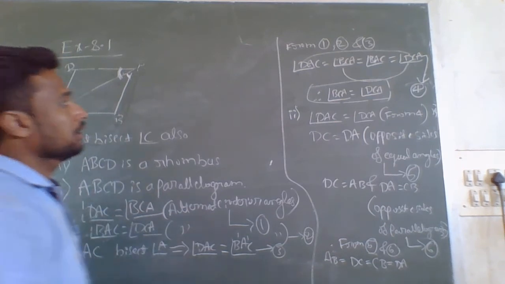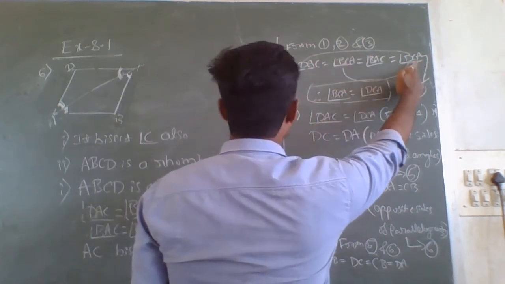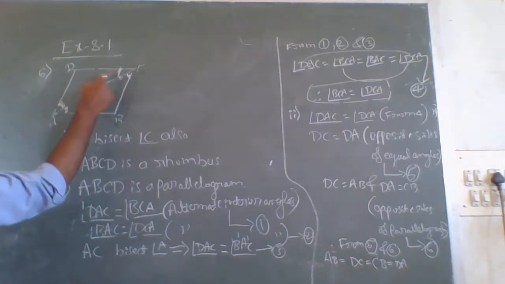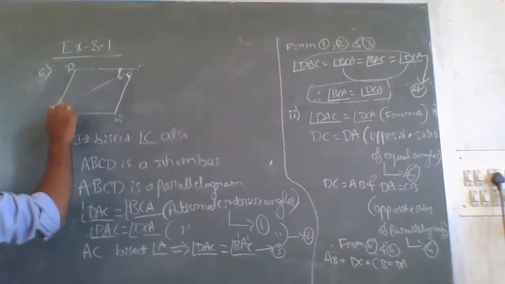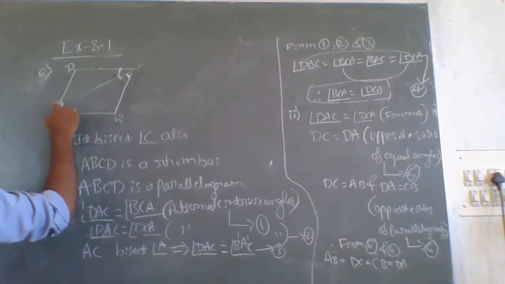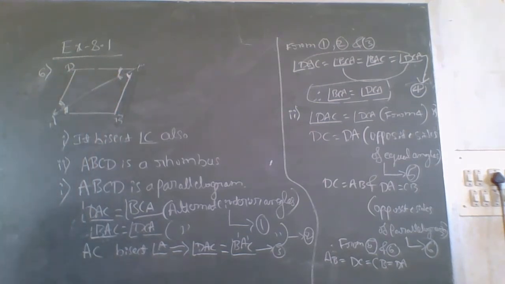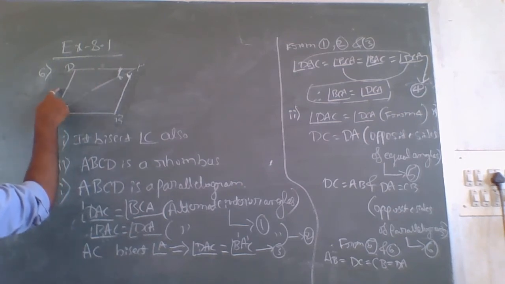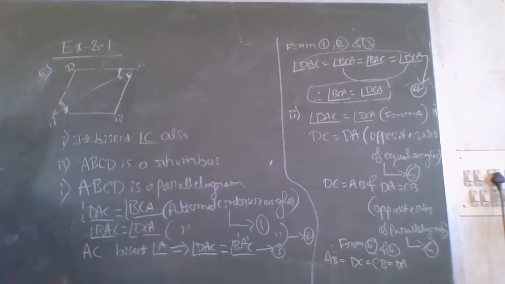And for the second, we have taken that BAC is equal to DCA. DAC is equal to DCA, meaning these two angles are equal from 4. Why do we consider these two angles? If these two angles are equal, then we consider the opposite sides of these two angles, meaning side CD and side AD. These two sides are not opposite sides of the parallelogram.